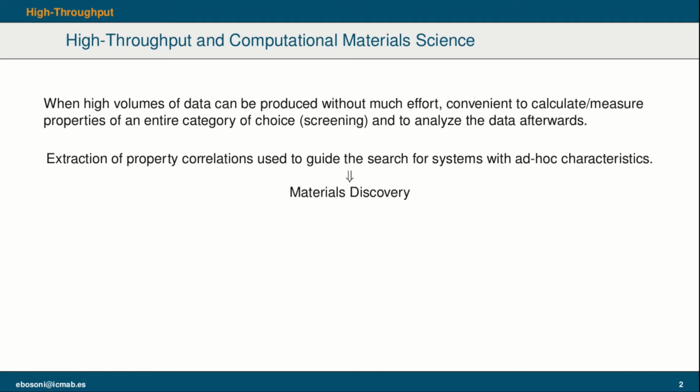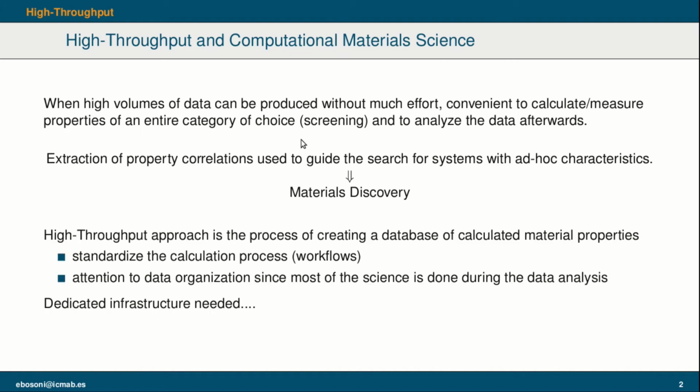This is the process that is sometimes called materials discovery, and it is getting very popular nowadays. So in a sentence, we can say that high throughput approach is actually this process to create a database of calculated material properties. This approach differs from the standard approach in computational material science, at least for 2 points.